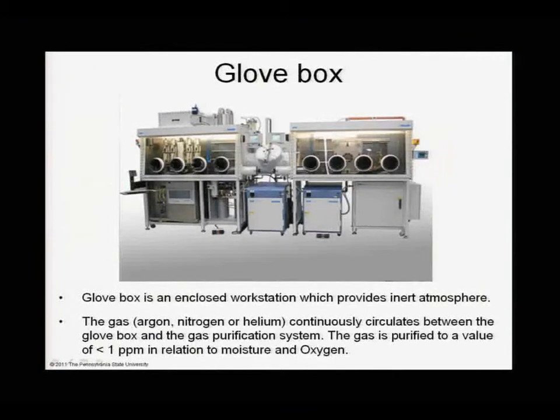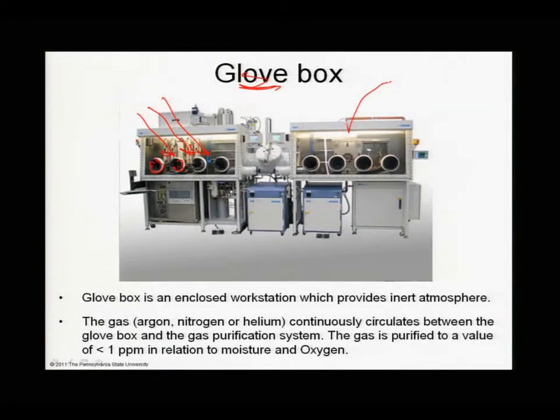Here's the glove box. And the glove box has, as we said, these rubber gloves, hence the name glove box, that the human puts his or her hands in and then performs some fabrication task inside this environment. And this is a different type of workstation. This is a very, very special type of workstation where you're not putting air into here.